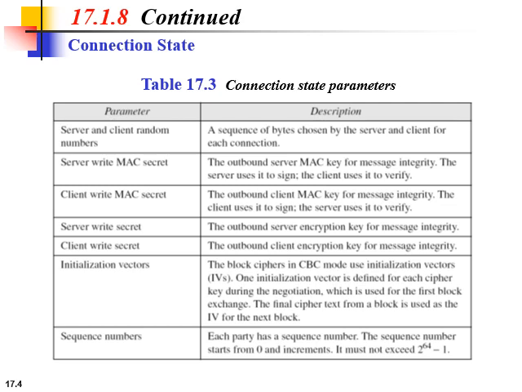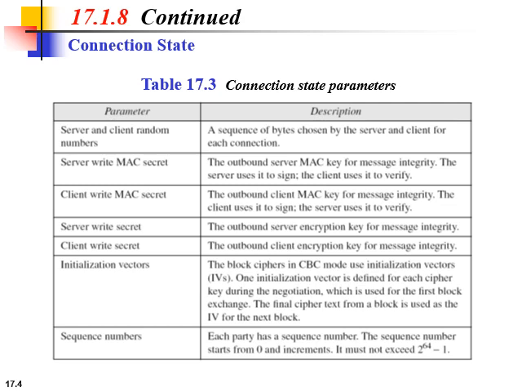Server write secret, client write secret. These are the outbound server and client encryption keys for message confidentiality. The next two are initialization vectors and sequence numbers. The sequence number starts from 0 and increments, and it must not exceed 2^64 minus 1.